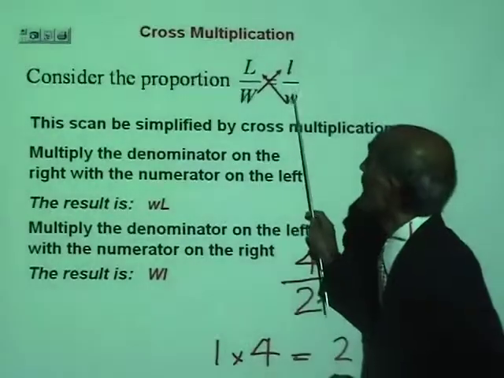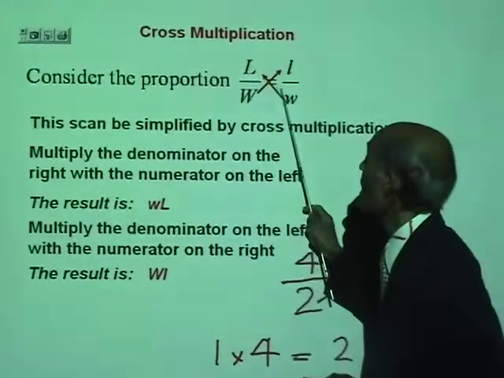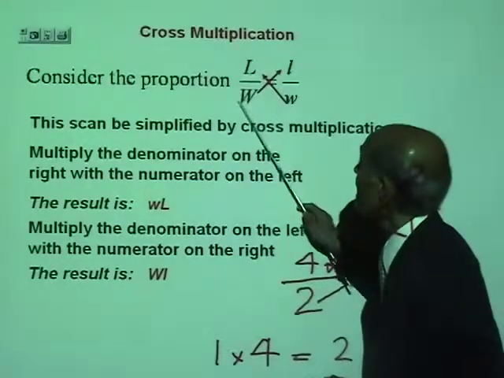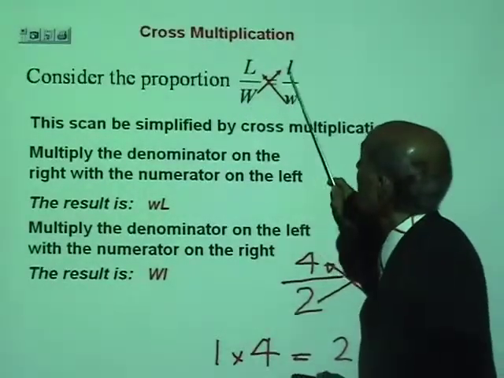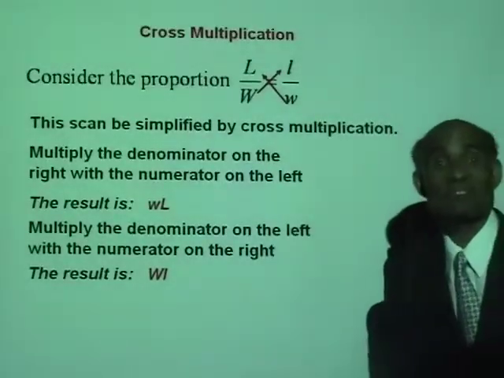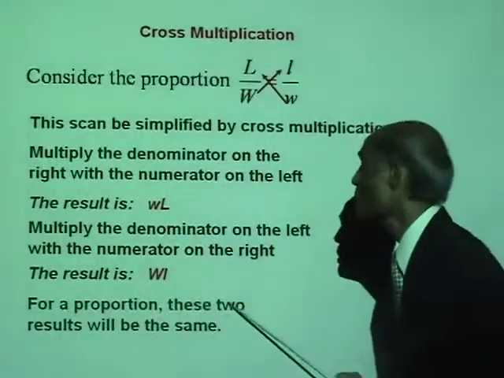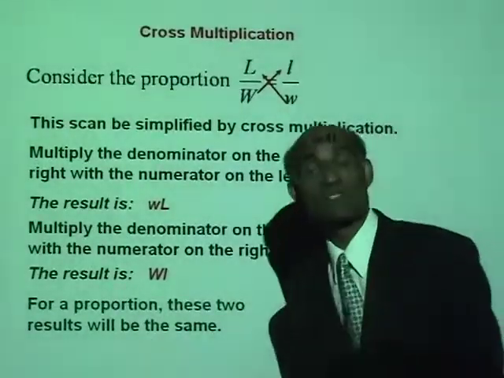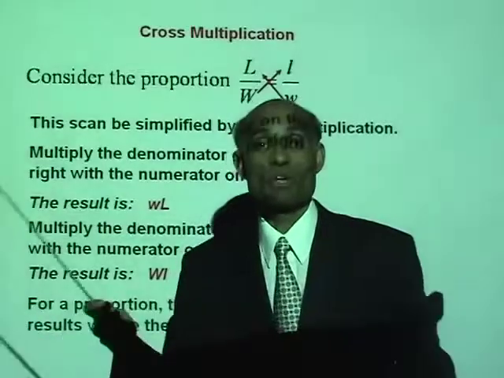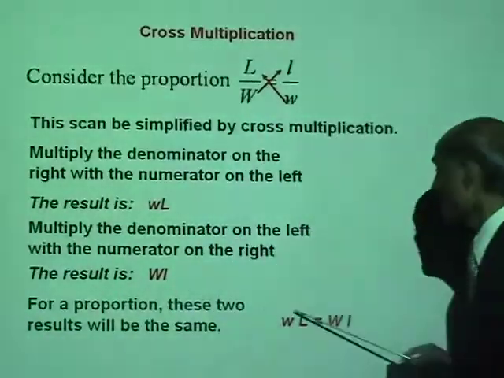In other words, lowercase w multiplied by uppercase L is exactly the same as uppercase W multiplied by lowercase l. And that is the characteristic of a proportion. For a proportion, these two results will be the same. The cross products are the same. Okay, there you are.